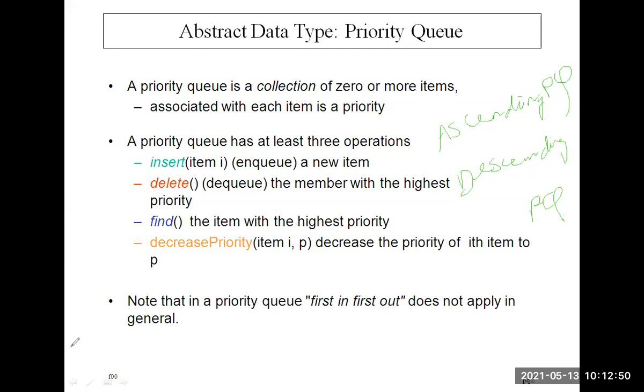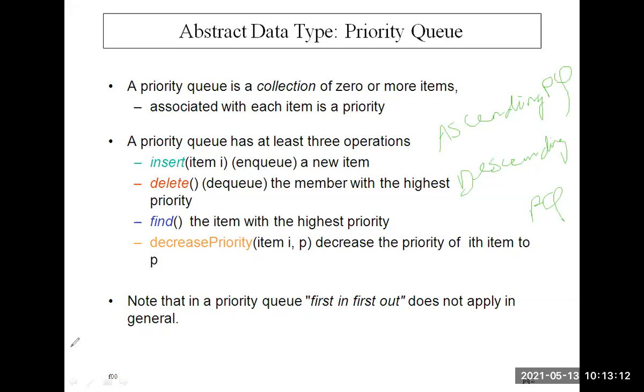But in an ascending priority queue, while deleting an element from the queue, only the smallest element is removed first. Ascending means smallest to high. So while insertion is in any order, while deleting in an ascending priority queue, the smallest element is deleted first.